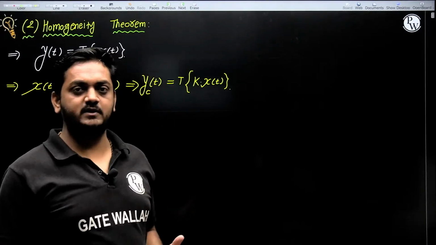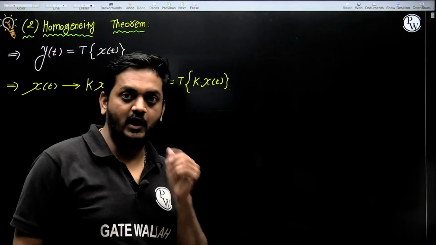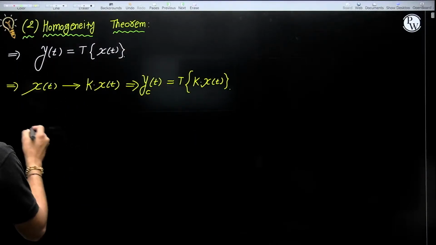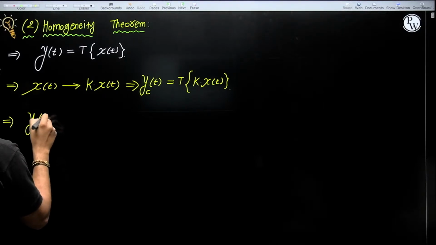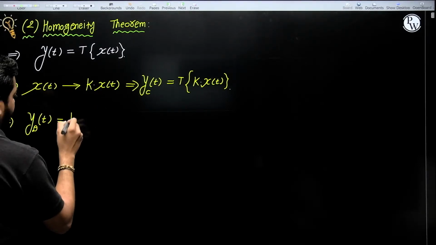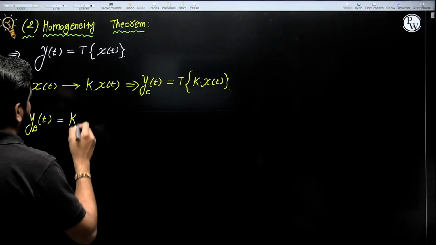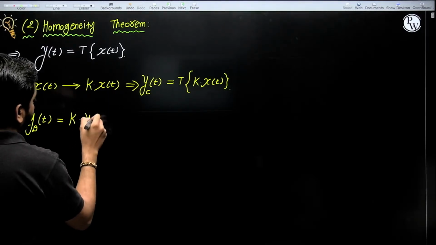Now with the same scaling factor, find the scaled output. The scaling factor should be the same: k times y of t.